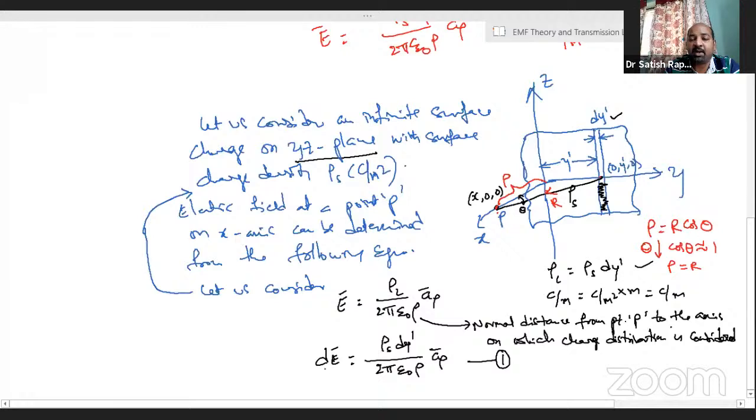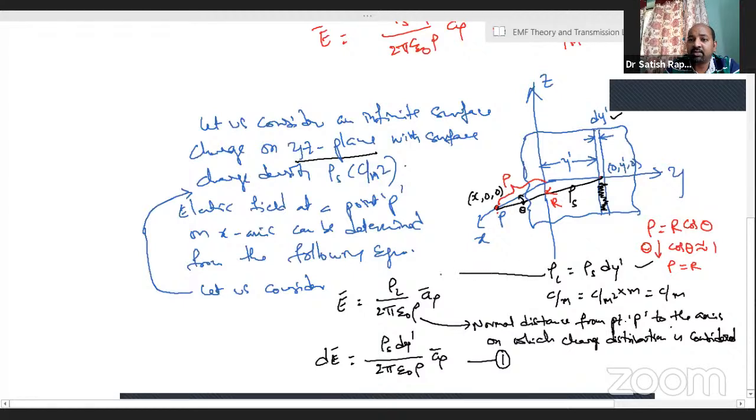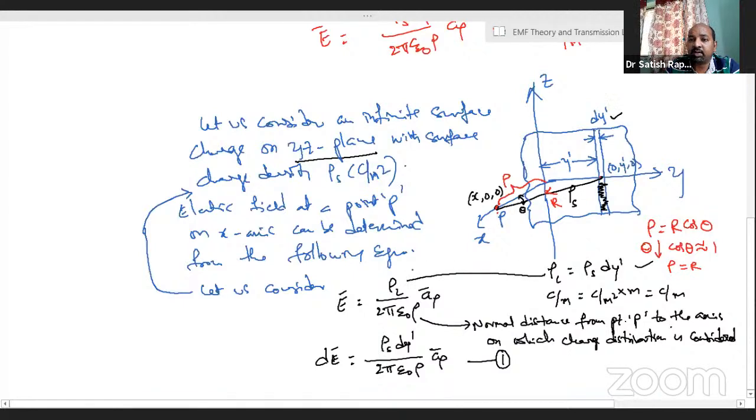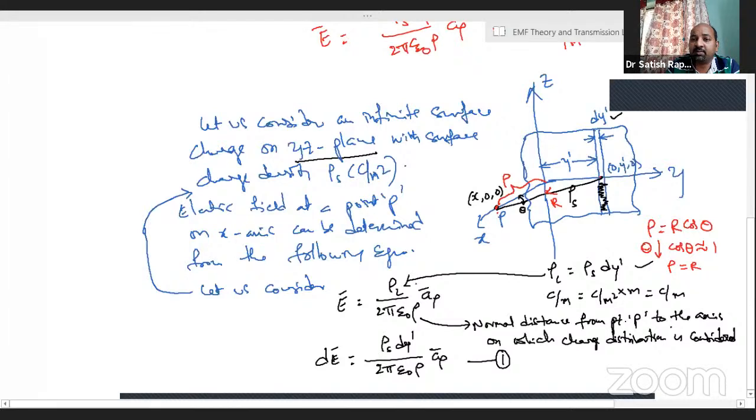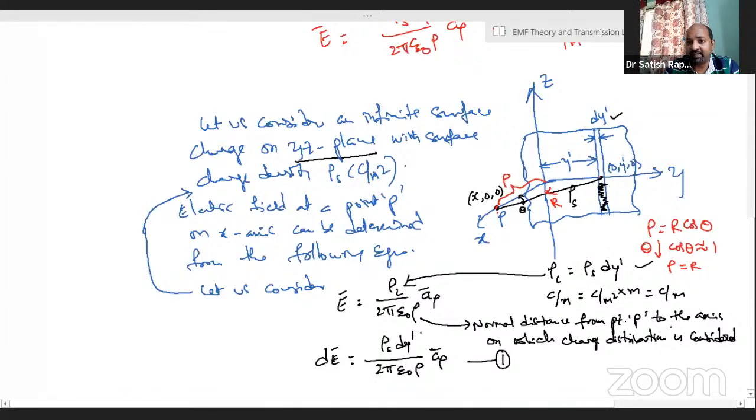So dE bar is equal to rho L. Rho L we know; you can replace rho L with rho s dy'. So this is equation 1.